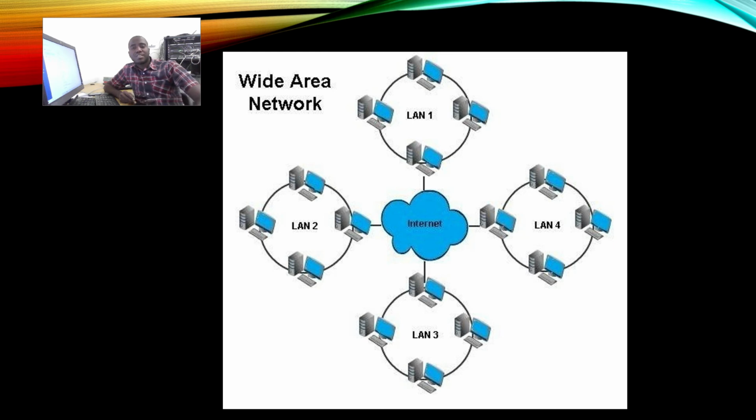So when you connect them, that's what makes a WAN. So now we are saying your branch in South Africa, your branch in Namibia, your branch in Egypt, your branch in America, your branch in the UK. When you put them together, they form what is called a wide area network.